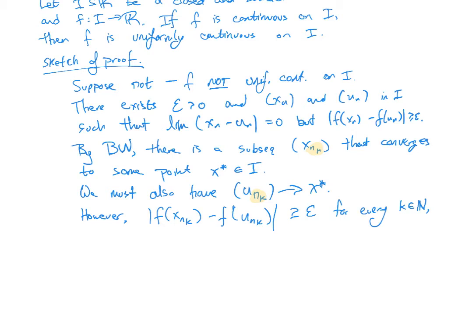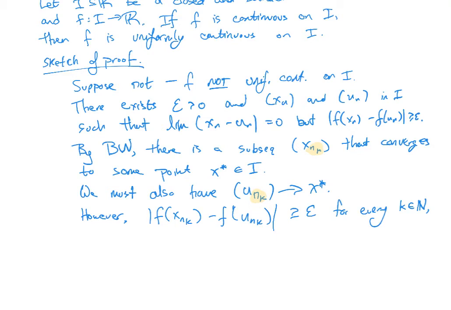Now, the sequential version of continuity says that if you take a sequence of x values, the sequence of function values has to converge to the limit.